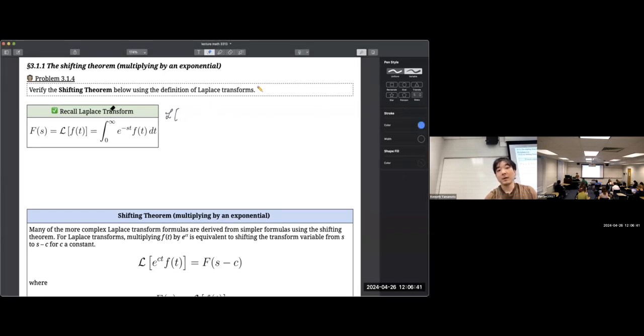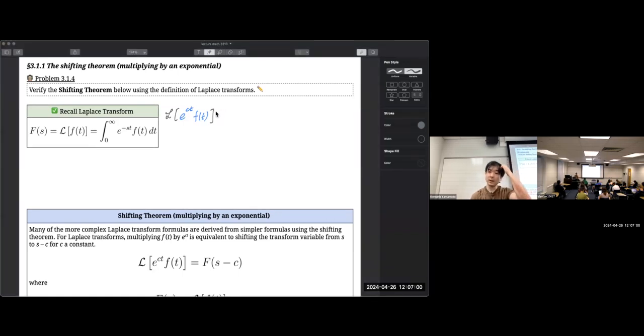The Laplace transform of f of t is this, which is the definition that we have. But suppose I want to compute the Laplace transform of e^(ct) times f of t.